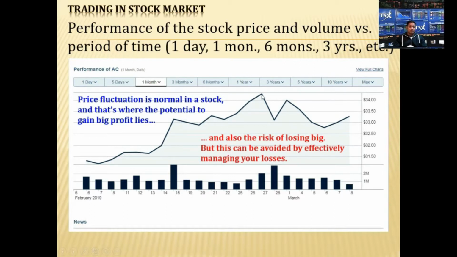Like if you bought it high and it suddenly dropped and you panic, you sold it, then you lost your money. You have to be disciplined, you have to be patient. Usually if you panic, that's where you lose your money.